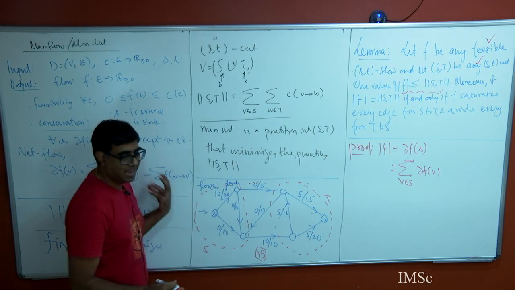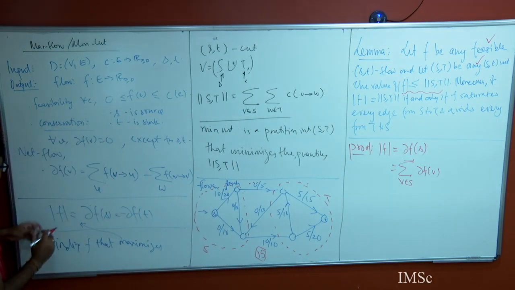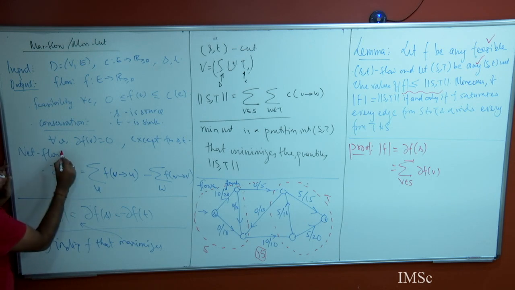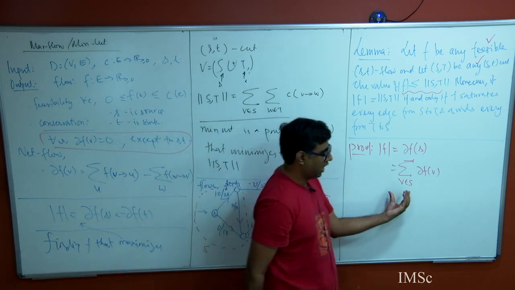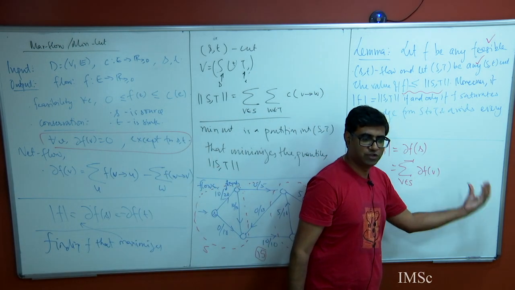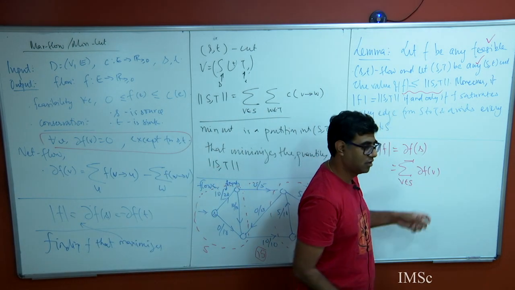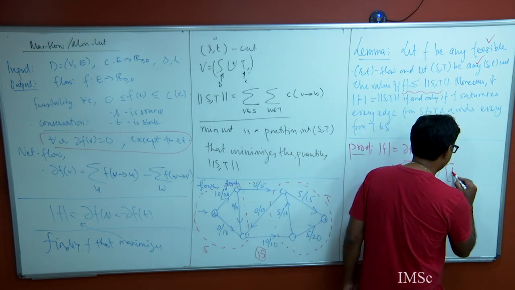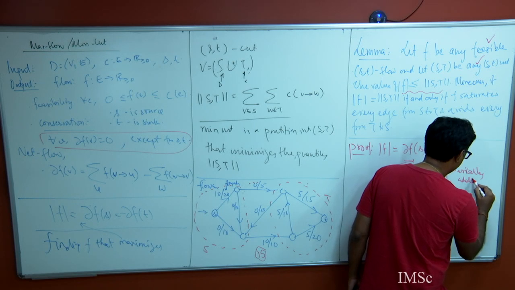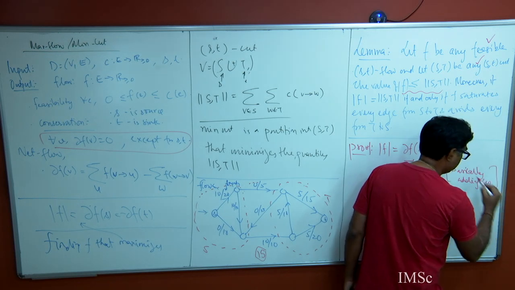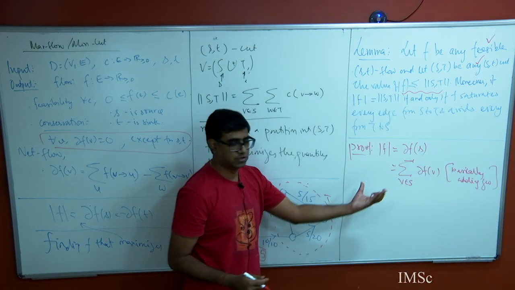Because except s and t, the net flow is equal to 0. So what I'm adding is only 0, 0, 0, 0, 0. So from here to here, it's fine. We have added some zeros.